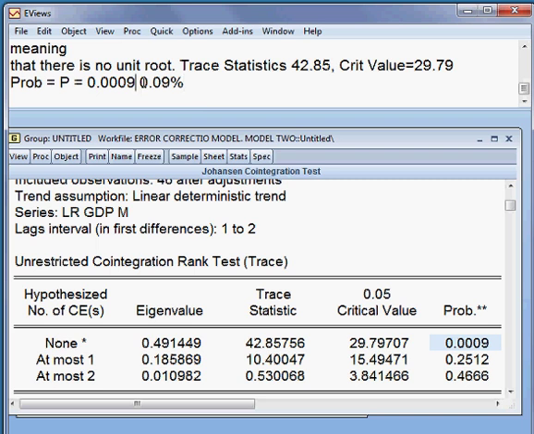When the p value is less than 5%, we can reject the null hypothesis.